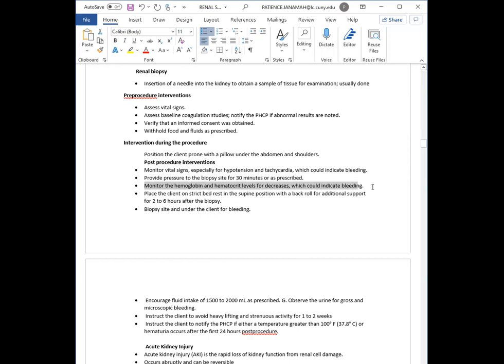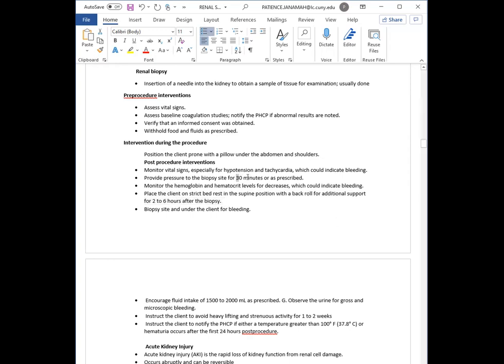Then you monitor blood levels and check the hematocrit; if there's a decrease, you suspect bleeding. Then you place the client on strict bed rest in supine position with a back roll for additional support for 2 to 6 hours after biopsy. So take notice of the intra-procedure intervention, and then the positioning you maintain during the procedure and the position the patient maintains after the procedure.